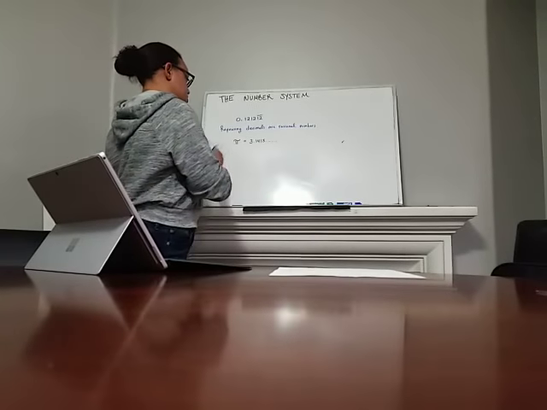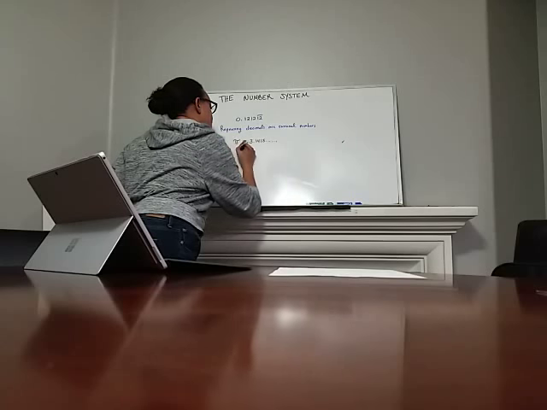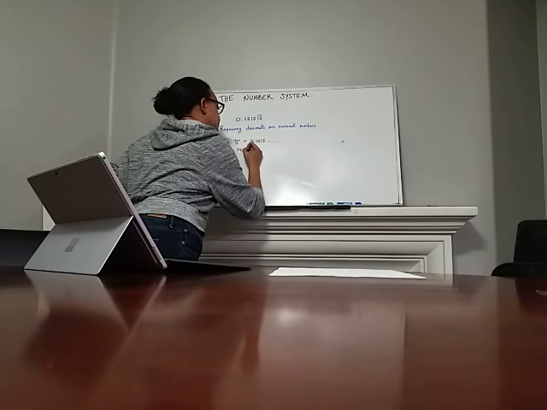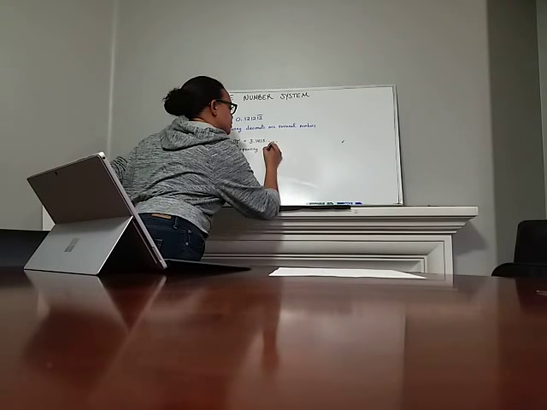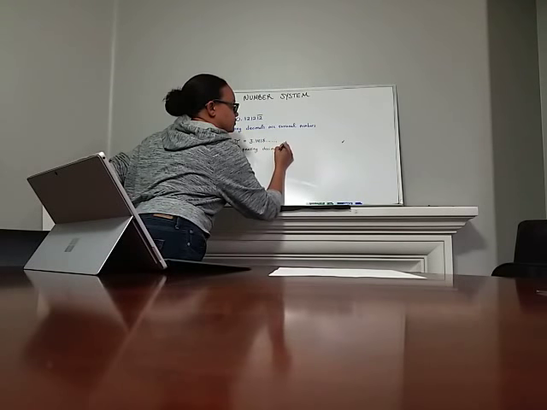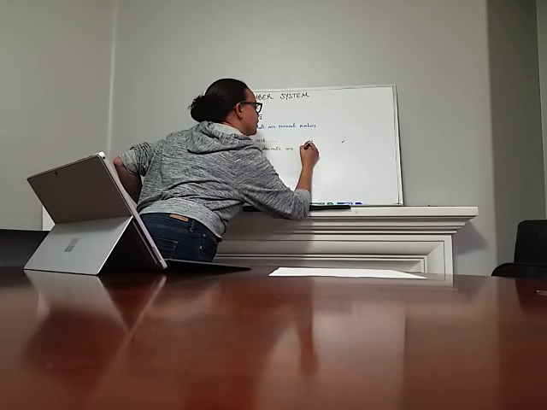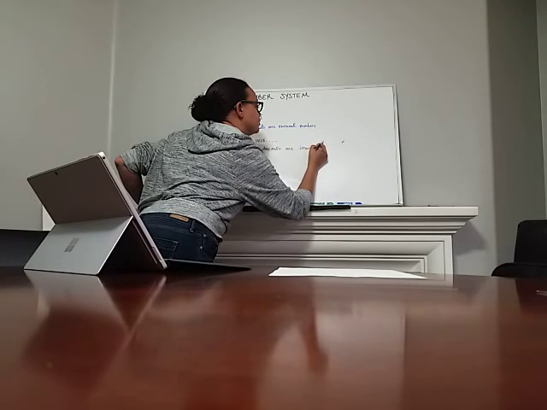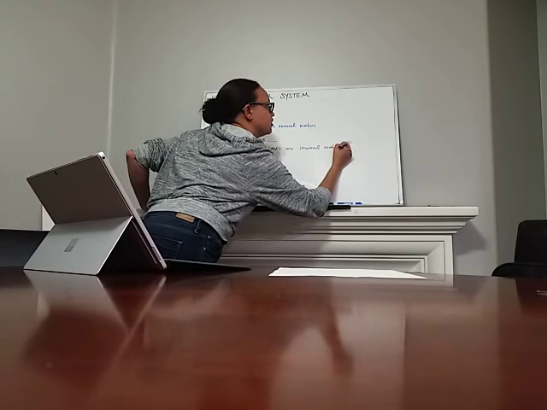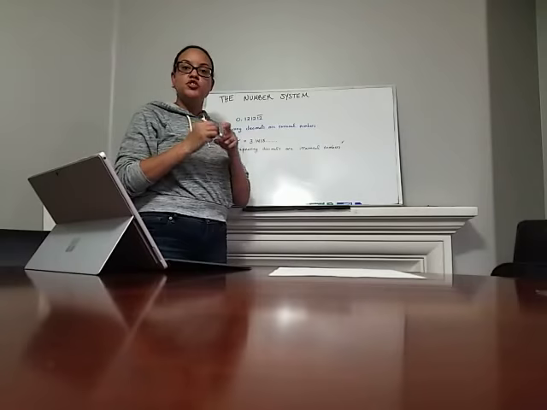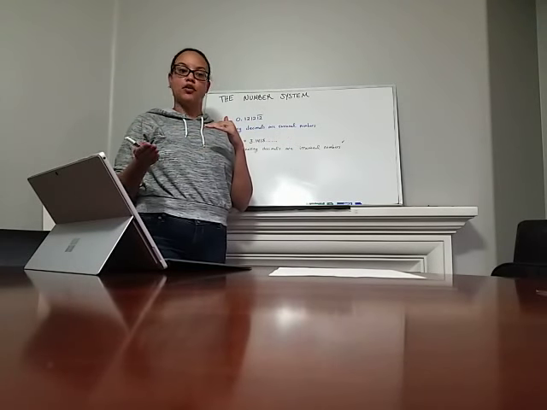So we're saying non-repeating decimals are irrational numbers. We're starting to get a definition of what rational numbers and irrational numbers are.